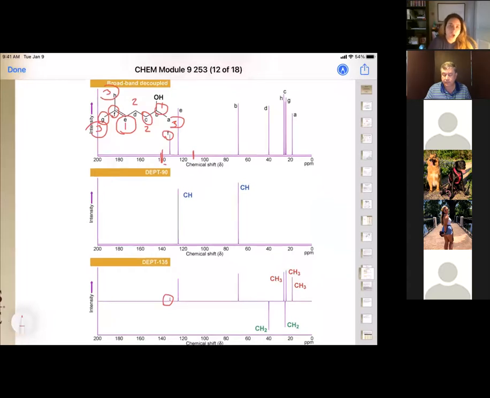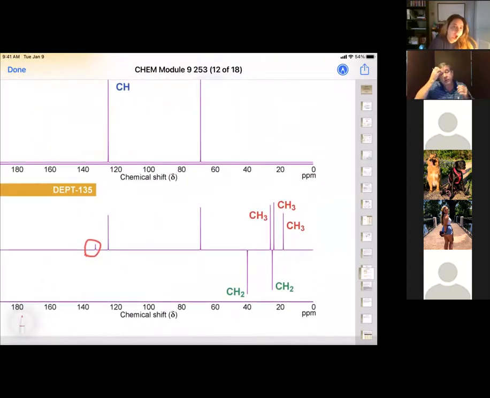And if we look at the DEPT experiment, that's the 135, we see that the one with 0 almost goes away. This is 1 hydrogen and a 1 hydrogen for the alkene and the carbon with the oxygen on it. These are the 2 CH2s that are pointing down, and we have the 3 CH3s all facing up. And notice the CH3s are most hydrocarbon-like, so they're the furthest up field.